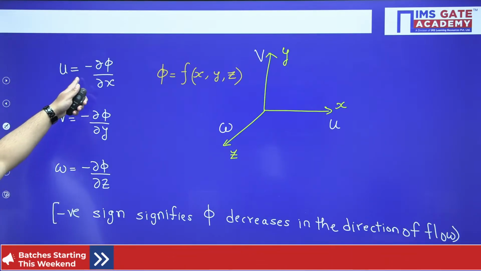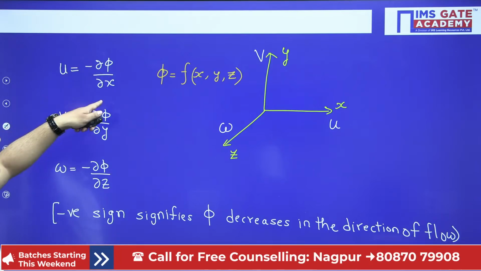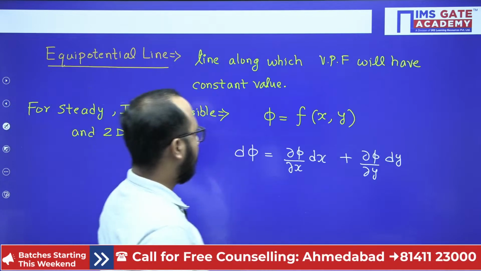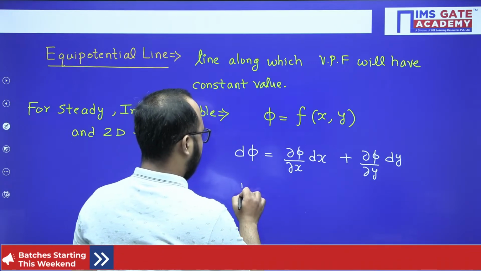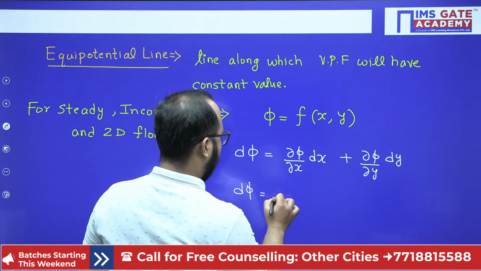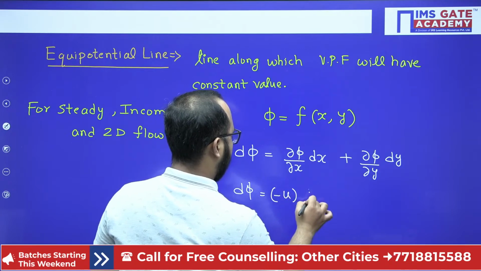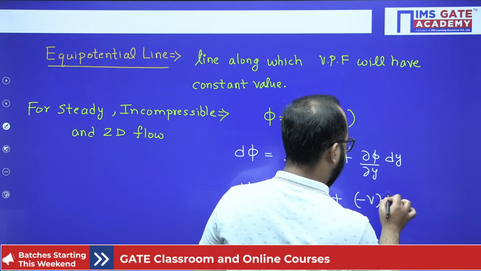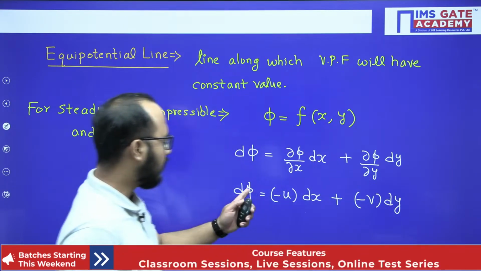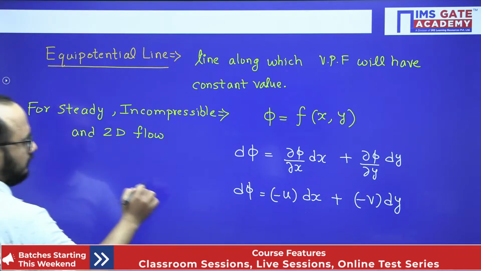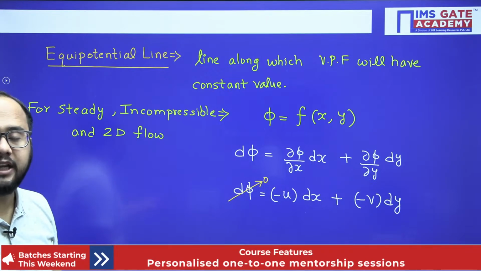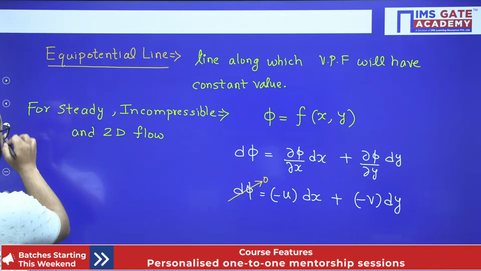Minus u, because u = -∂φ/∂x. So ∂φ/∂x will be -u, and similarly -v for y. So dφ = -u dx - v dy. Now, very important point: dφ value will be 0, as far as the equipotential line is concerned.